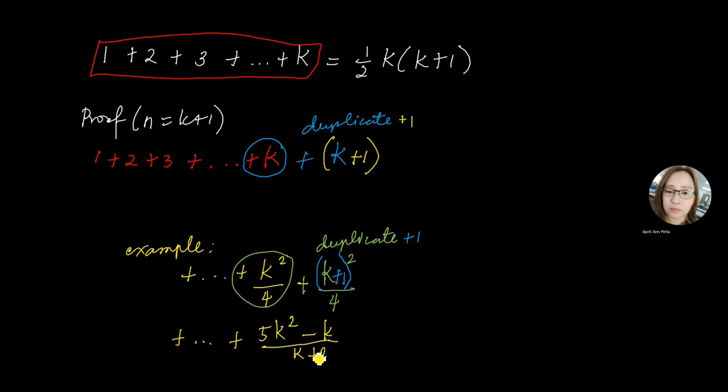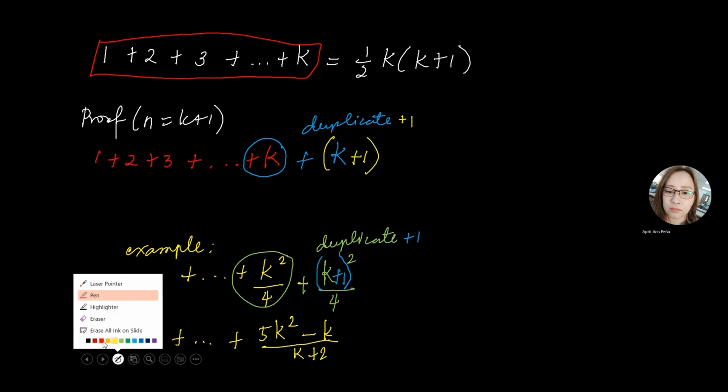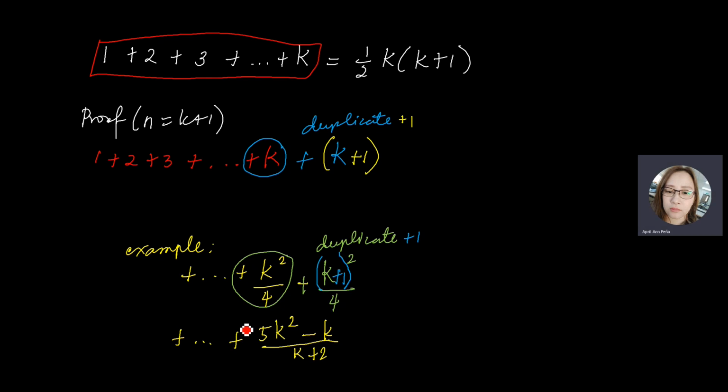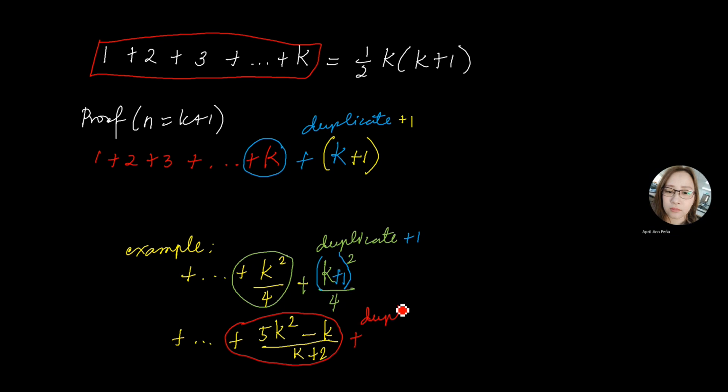Example only. So again, remember, you need to duplicate. If you are going to duplicate it, I'll just use the red one, you need to duplicate this term because it has k. So duplicate. So you're going to have plus 5.